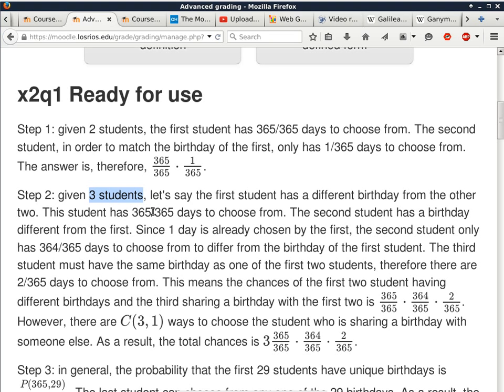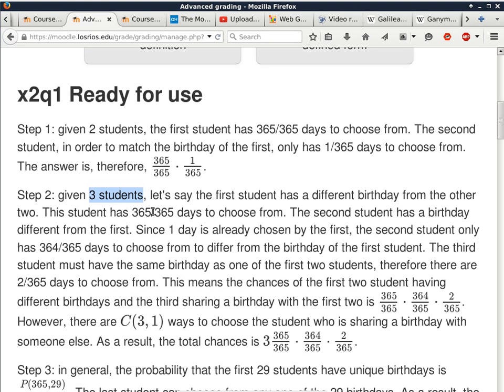What about student C? Student C has to share a birthday with either A or B. What are the chances? It's not 1 over, it's 2 over, because student C can share a birthday with either student A or student B.